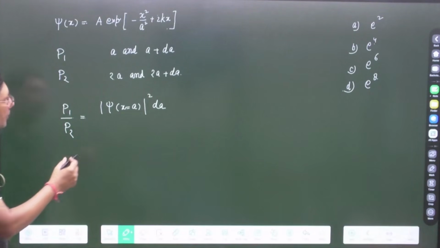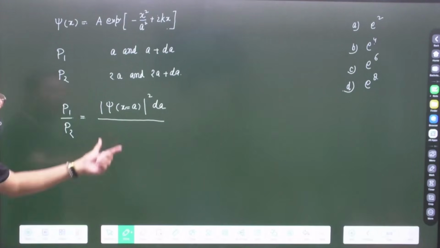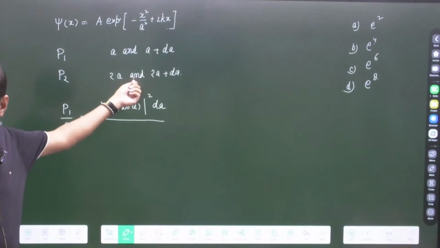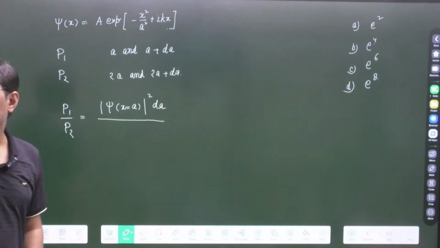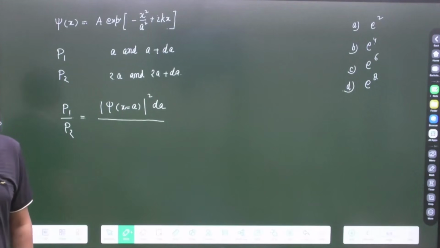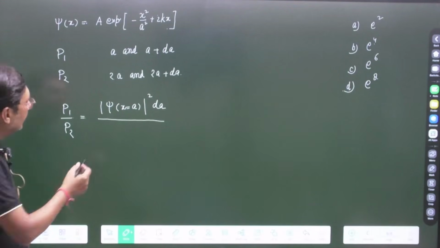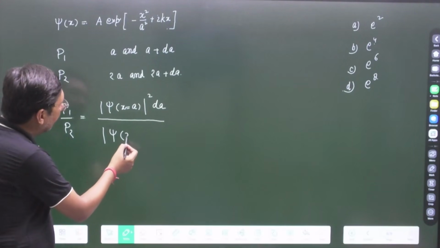What will be P2? P2 is the probability of finding the particle within this infinitesimal element. कहाँ से कहाँ तक है? 2a से शुरू हुआ और 2a plus dA तक है. ठीक है, तो लेंथ कितना है इसका? dA. Length is dA. So it will be psi square. So what will be x here? X will be 2a.